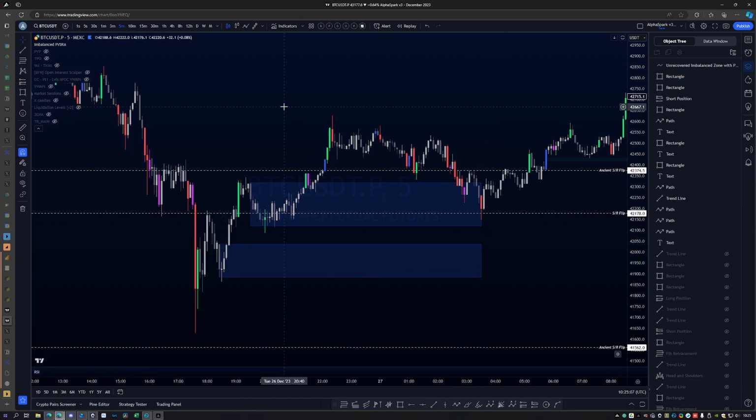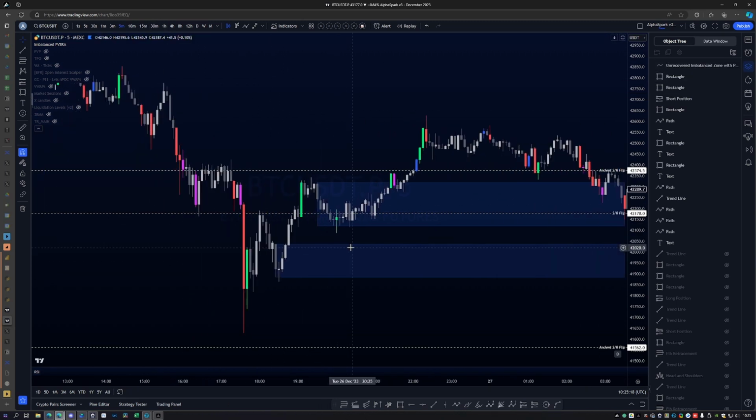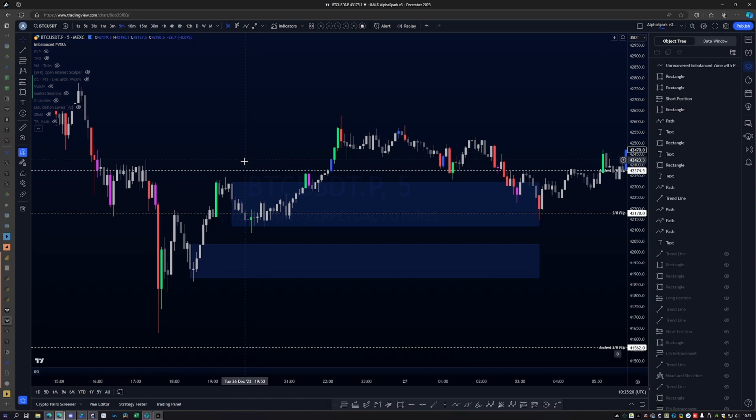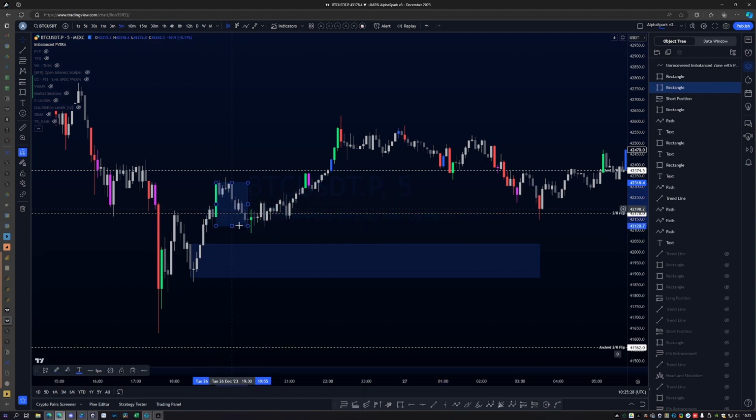Actually, price hates both of us. So the thing is, it came back. It came back to this area. If you notice, this zone is basically the same concept. We were in an uptrend.